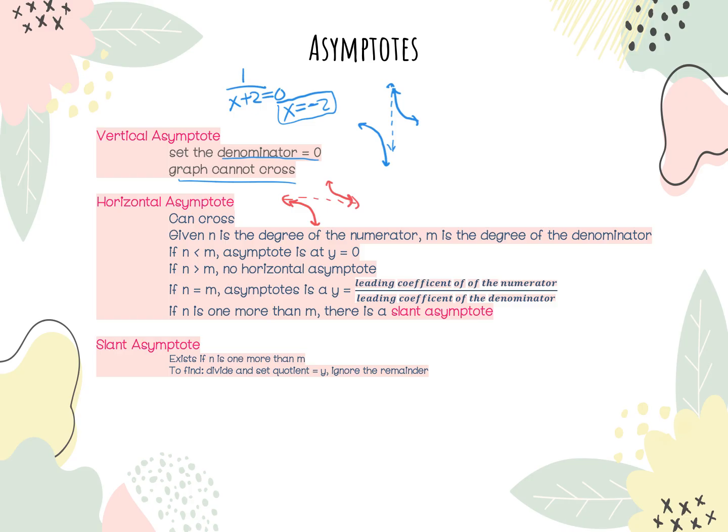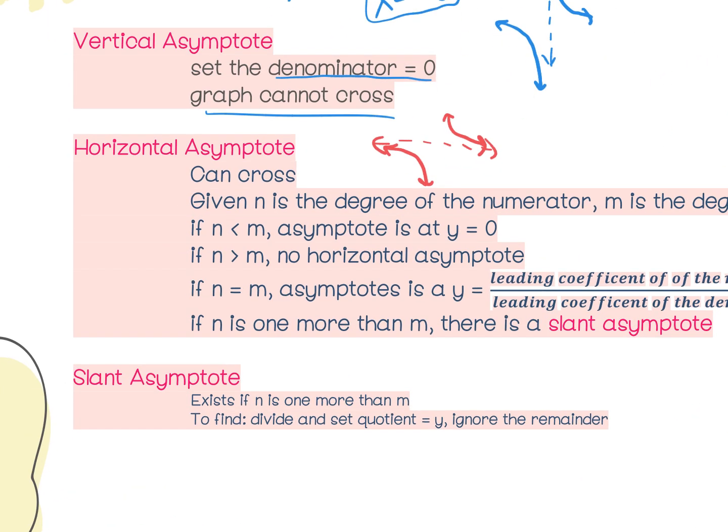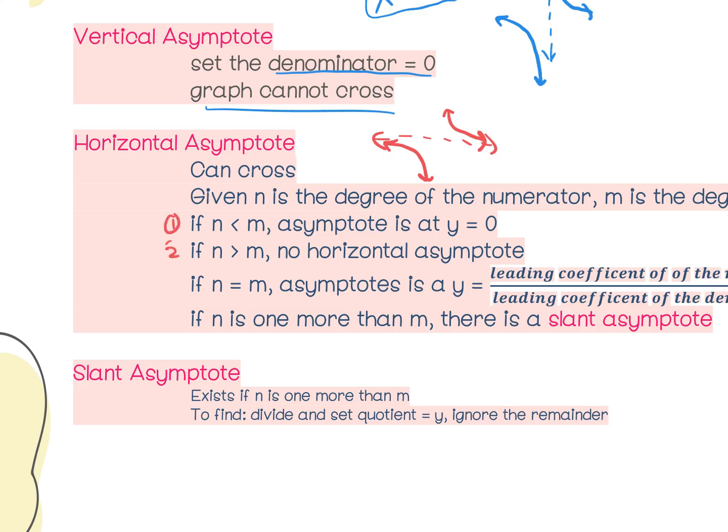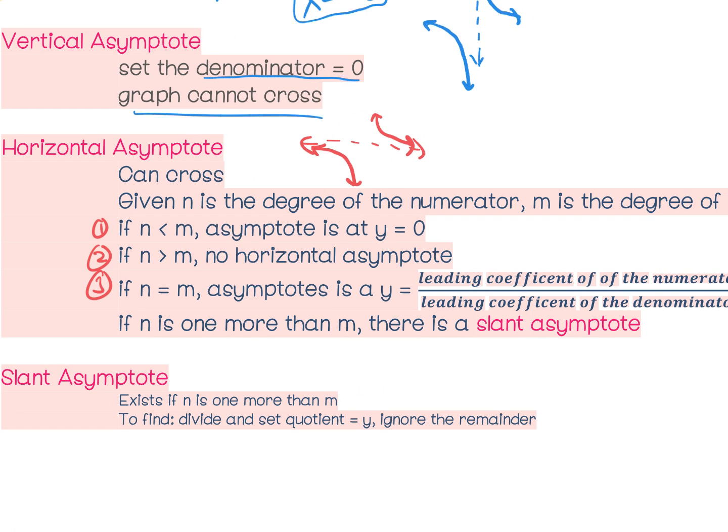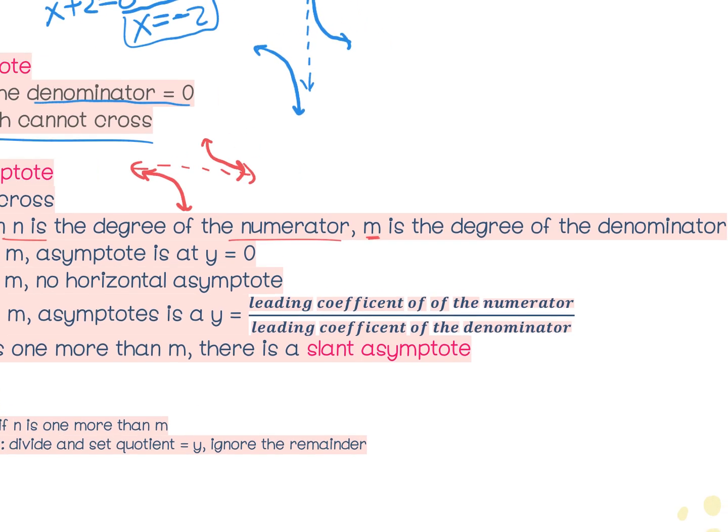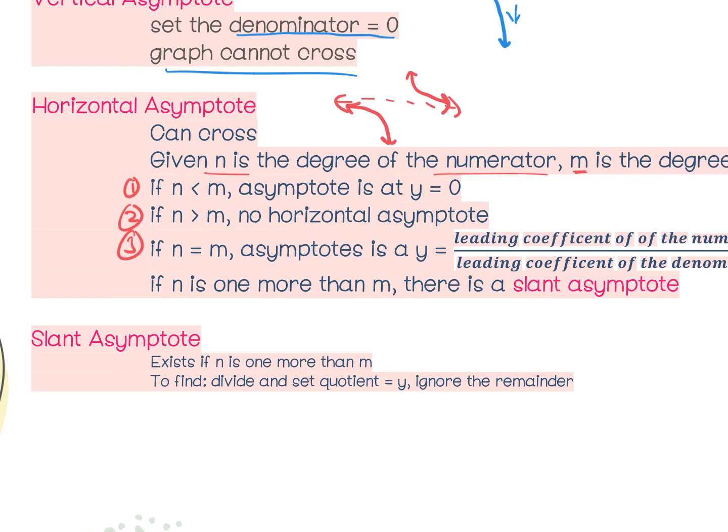To actually figure out what the horizontal asymptote is going to be, you have 3 scenarios, right? 1, 2, and 3. For the sake of the horizontal asymptote, let's just say the letter n is the degree of the numerator and m is the degree of the denominator. If the degree on the top is less than the degree on the bottom, then you have a horizontal asymptote at y equals 0, so the x-axis, basically.